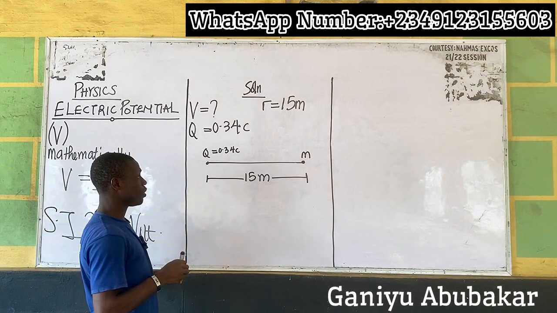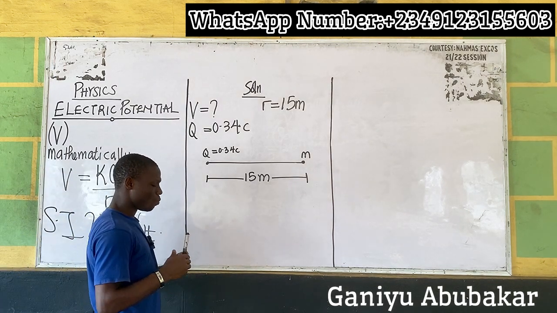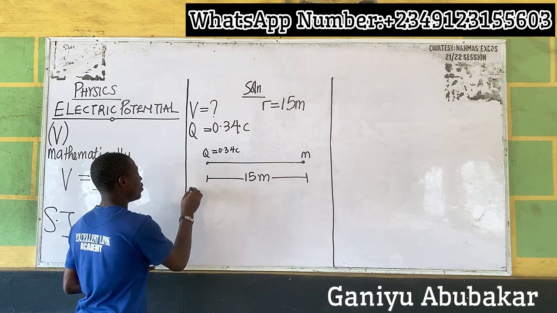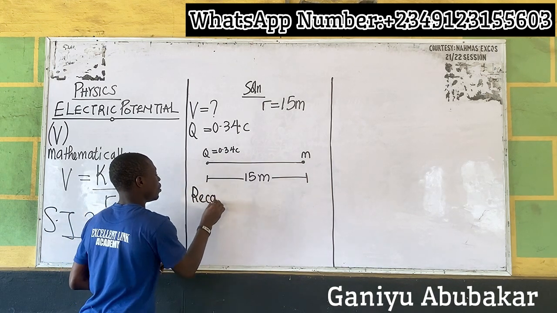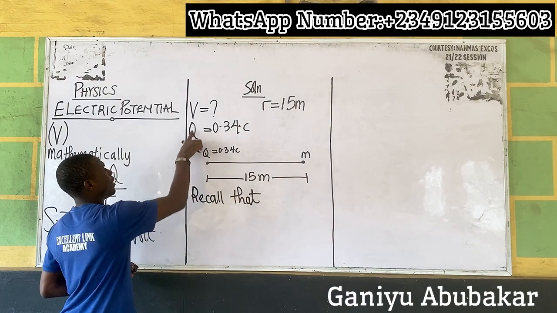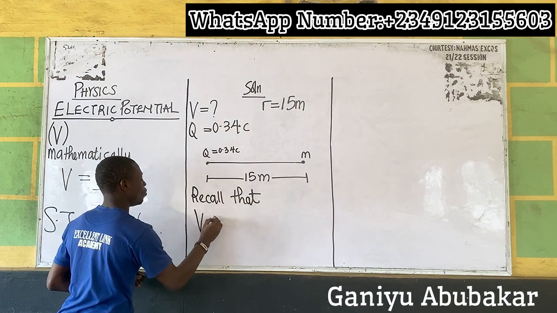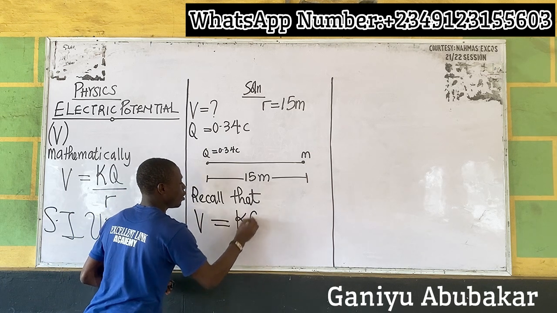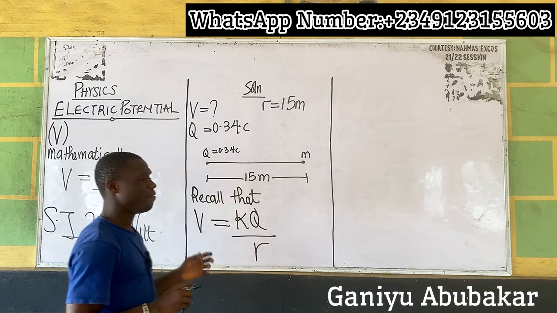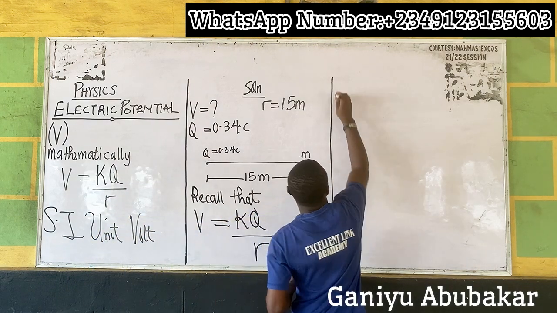Let's recall what we know. Recall that we said V, the value I have to look for, is equal to KQ all over R. Let's get the value of V from here.